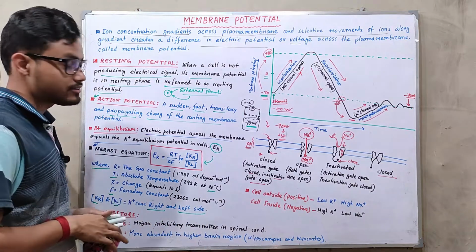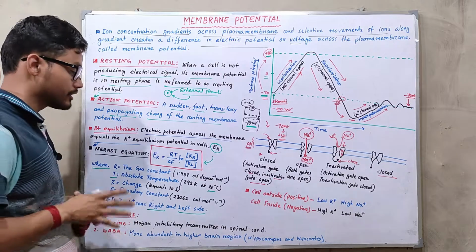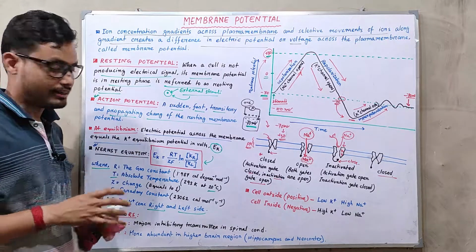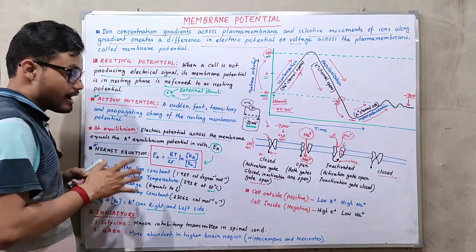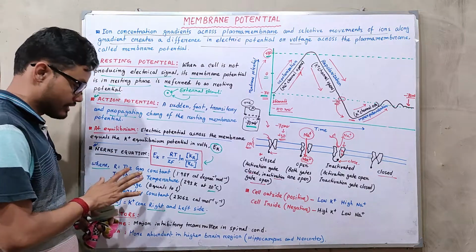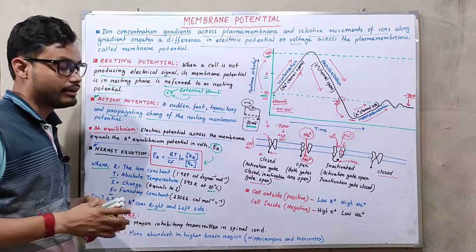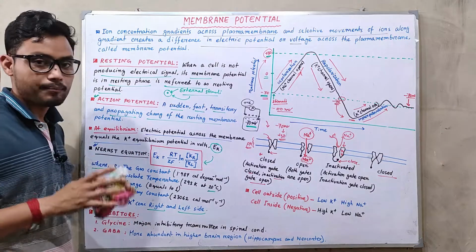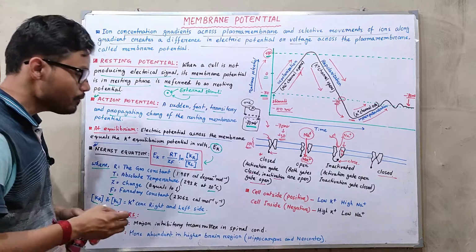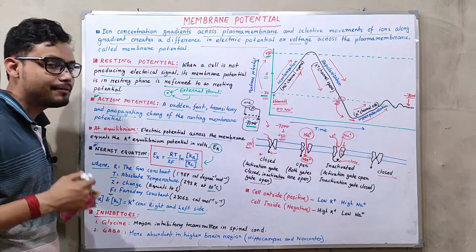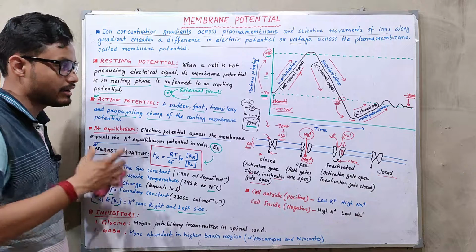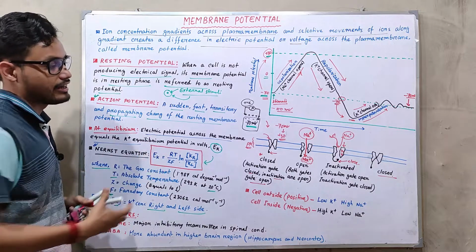So whenever a cell is in equilibrium condition, all the factors are expressed by this Nernst equation, and this equation helps us to depict the equilibrium state of a particular cell.